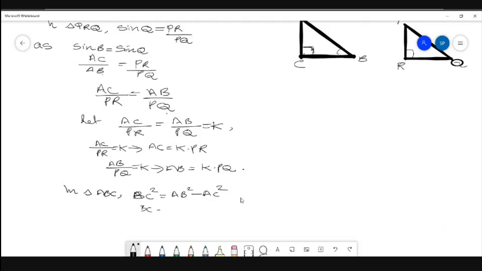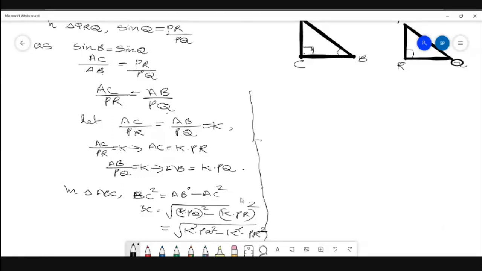That is BC equal to root of AB square, AB means we have K into PQ, the whole square, minus AC means K into PR, the whole square, that is equal to root of K square into PQ square minus K square into PR square.